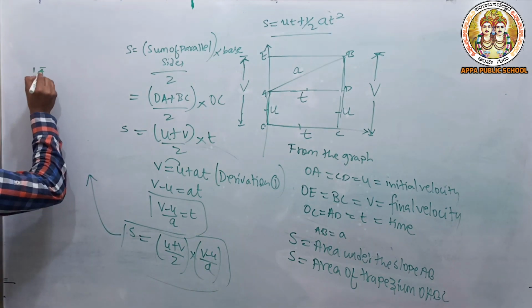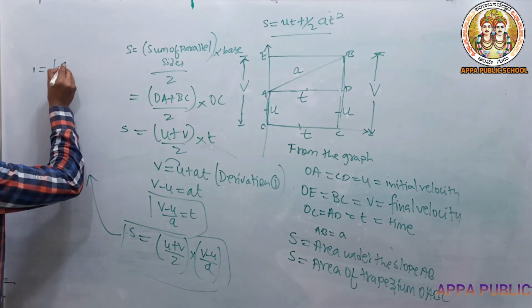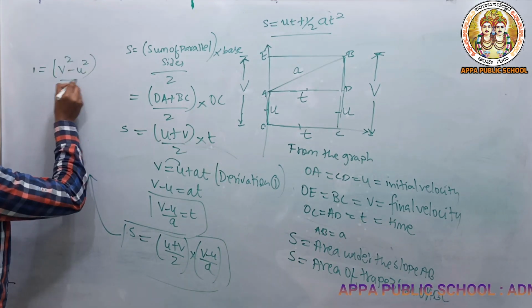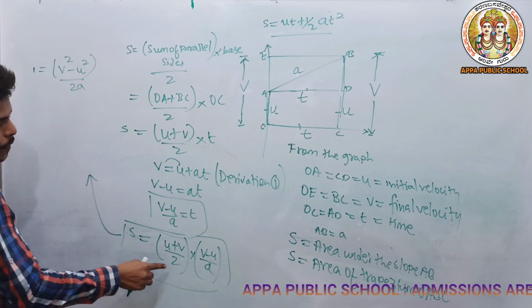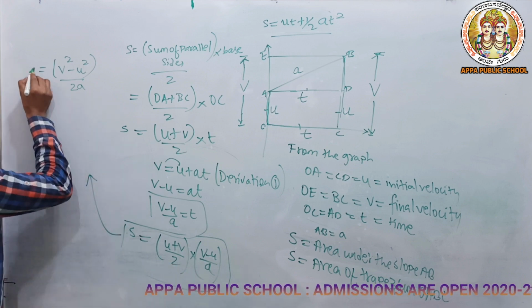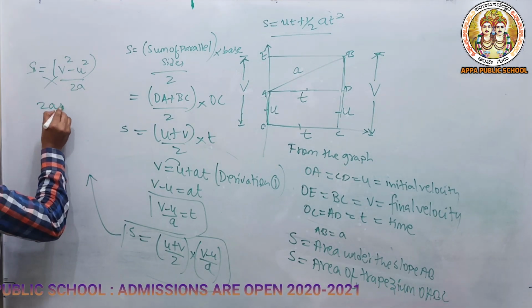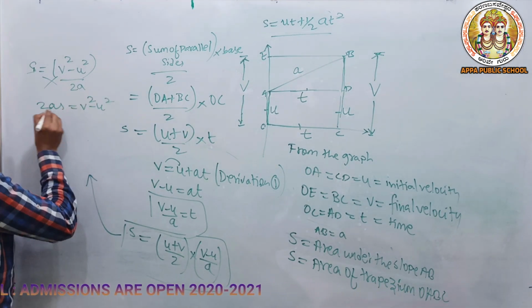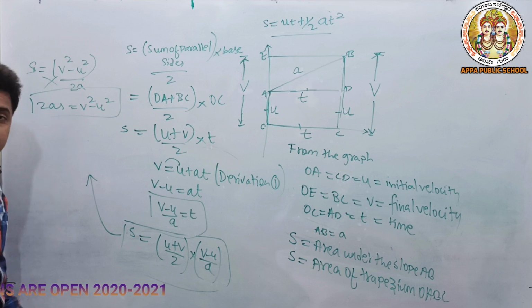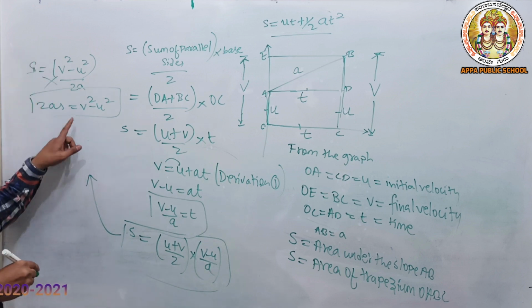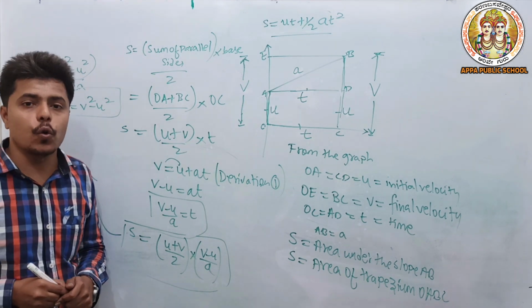V square minus U square divided by 2A. 2 into A is 2A. So cross multiply, 2AS is equal to V square minus U square. So I got the third derivation of equation, that is V square minus U square is equal to 2AS.